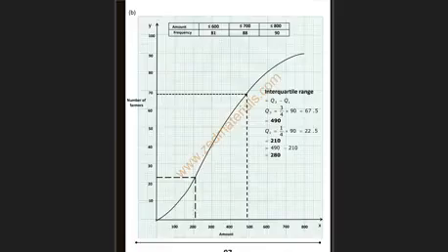And then you can be asked to find the semi-interquartile range. You've written down, eh? Alright, perfect.